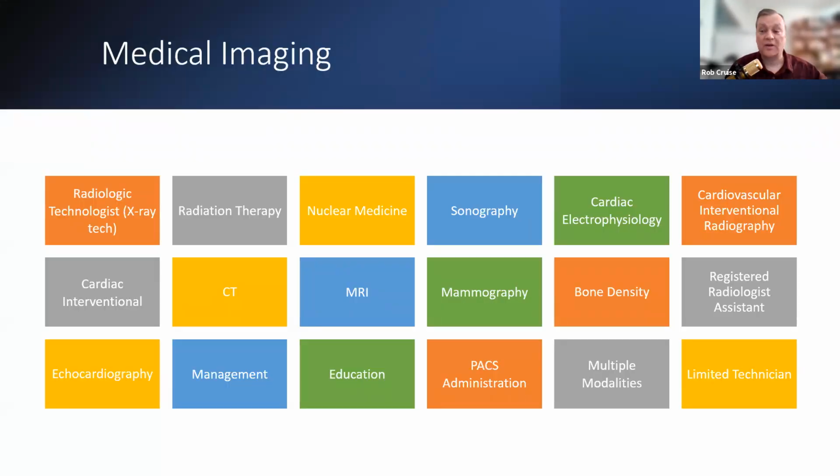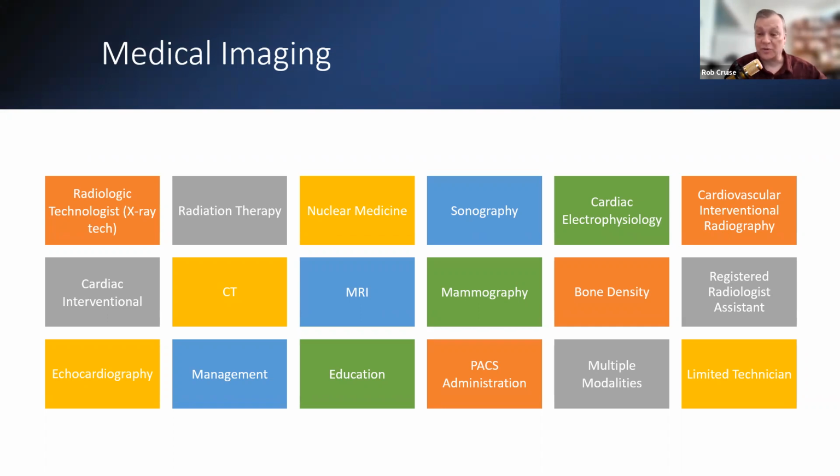All right, so here we have different modalities or different types of machines that we use within the medical imaging professions. The Radiologic Technologist or X-ray tech is the oldest of the profession.